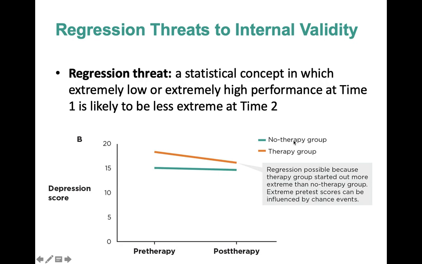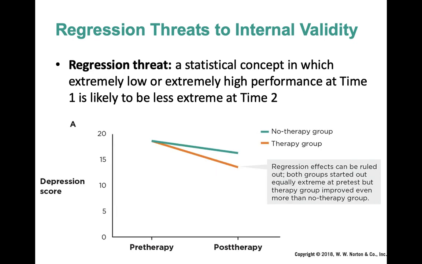Our no therapy group reports the same level of depression at time 1 and time 2. But our therapy group, especially if these are individuals that would have been recruited for the therapy or volunteered to participate in the therapy at time 1 because they were especially depressed, what we could see with this reduction is nothing more than a regression effect.